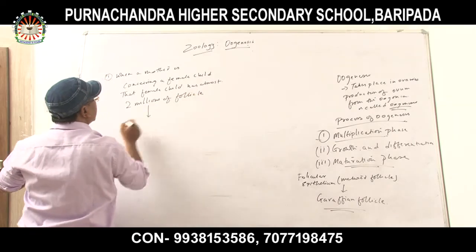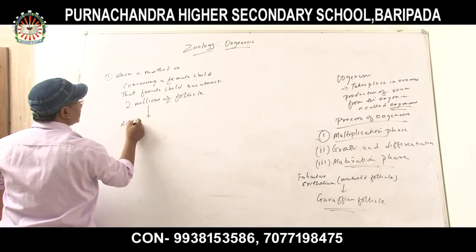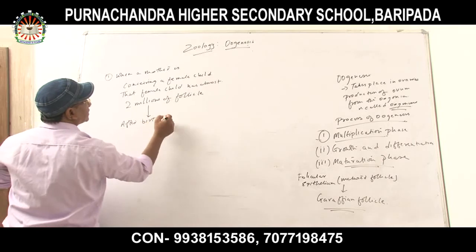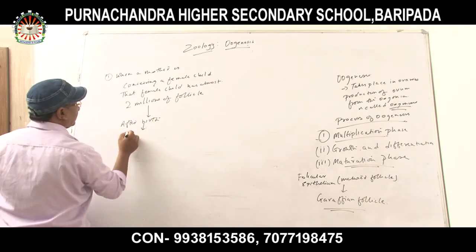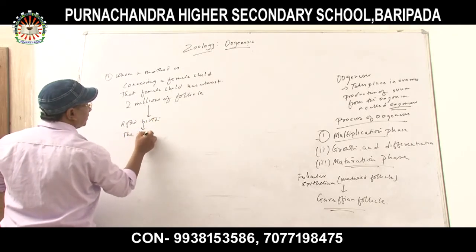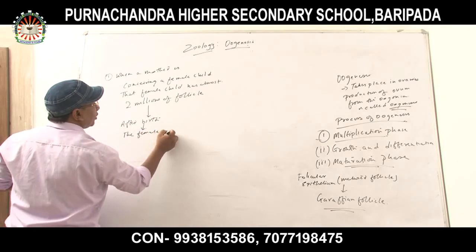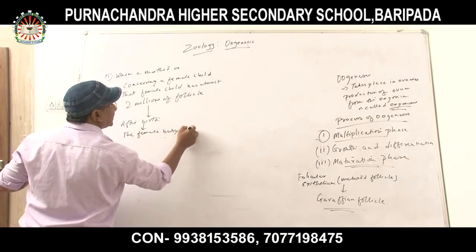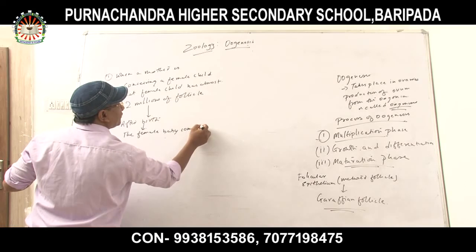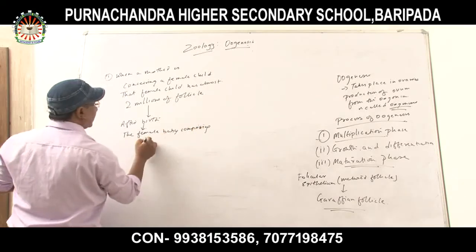Then after birth, the female baby comprises how many follicles? Near about 1 million.